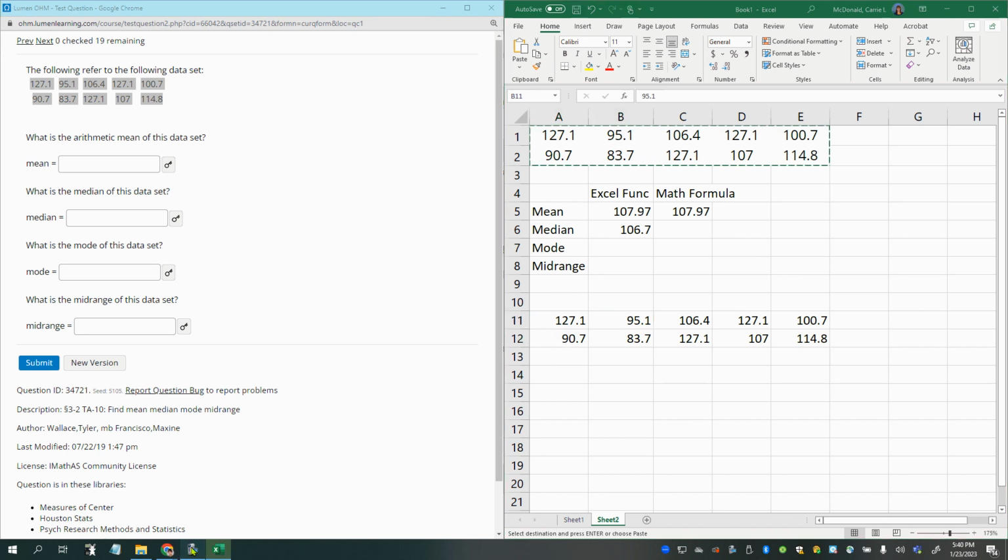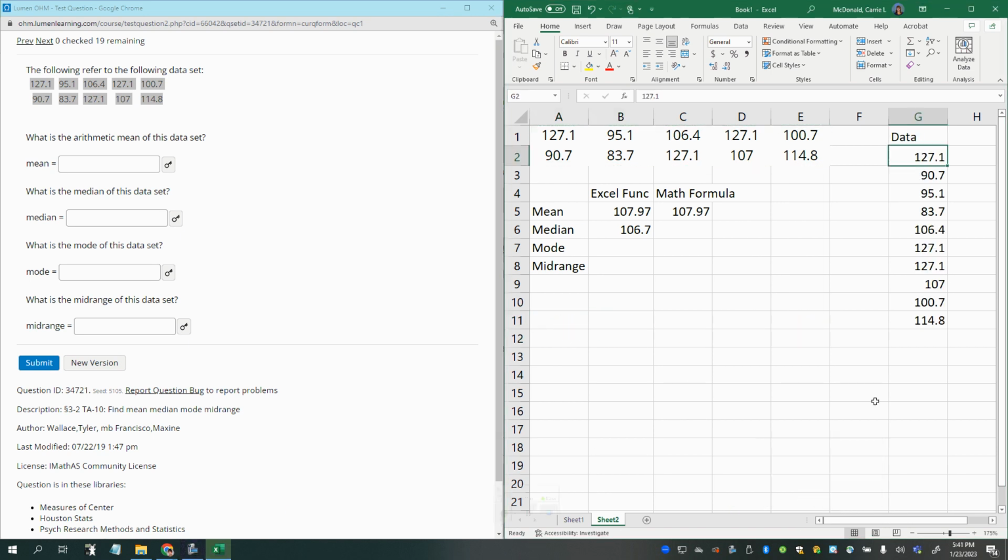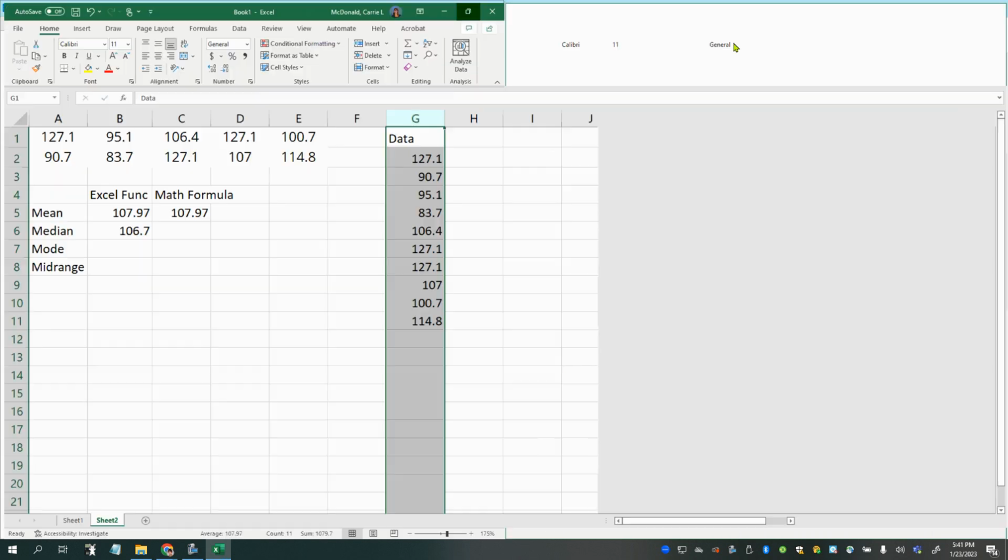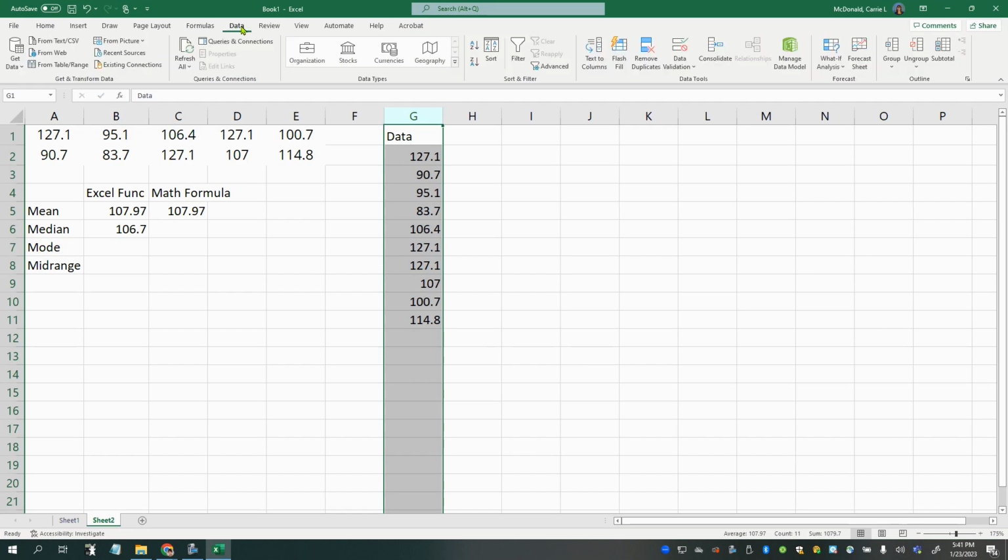So let me pause while I'm doing this. All right, so I just put all the values in one column over to the side here. And now I'm going to use the data up here, sort option, so that they're all in order from least to greatest.